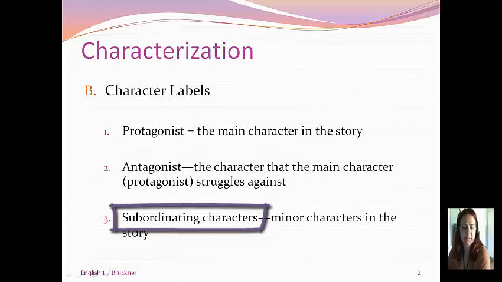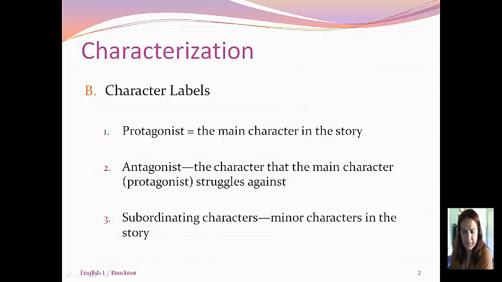So let's think about this for a minute. If we're looking at the protagonist of The Most Dangerous Game, who would it be? Yeah, right, it's going to be Rainsford. He is the main character. It starts out with him and ends with him.